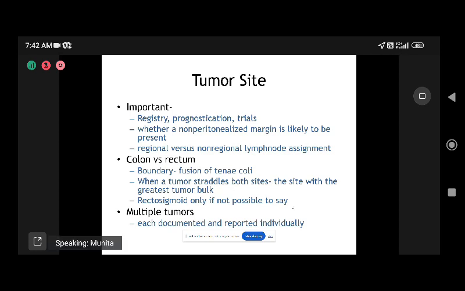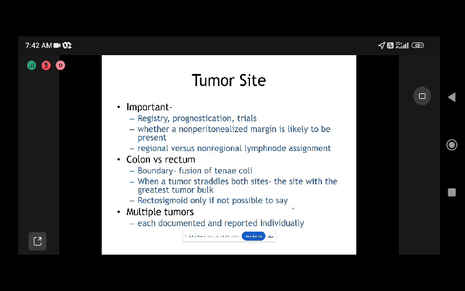And many times when the specimen is removed, we lose orientation with respect to flexures and so on, and we may not be able to completely assess whether this is the left side colon or it is in the splenic flexure. So the tumor site should also be mentioned on the requisition form. It's important for registry, for prognostication, to include tumors in various clinical trials.